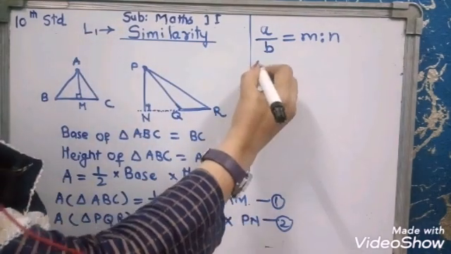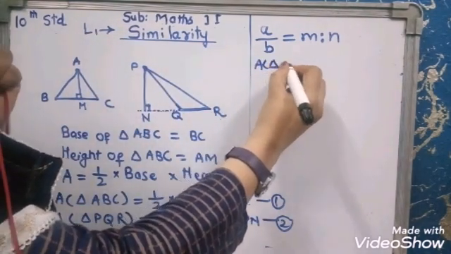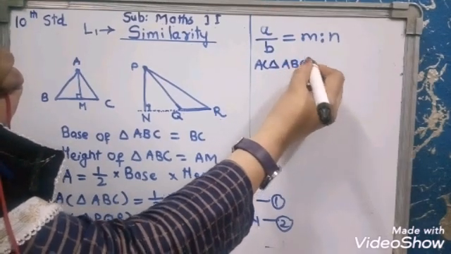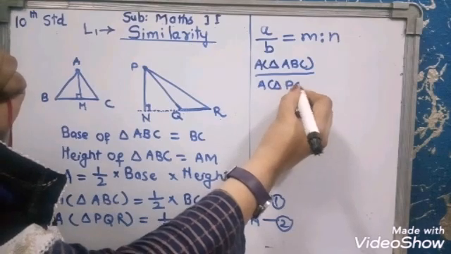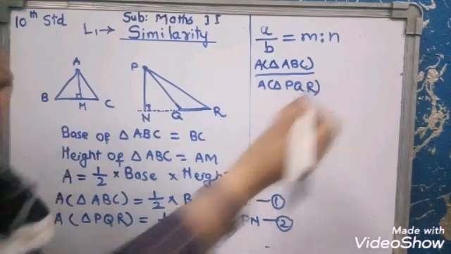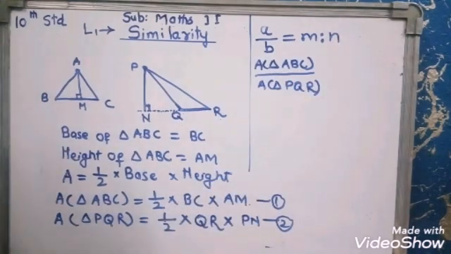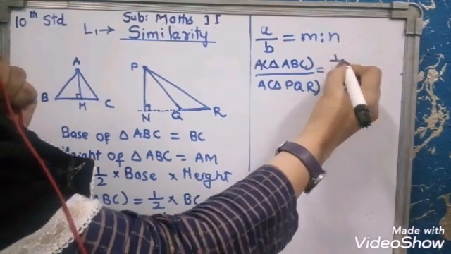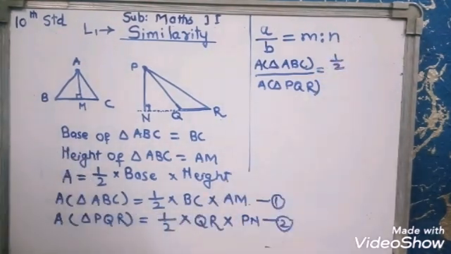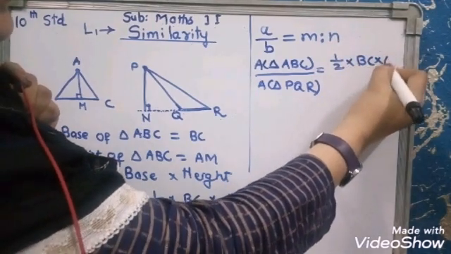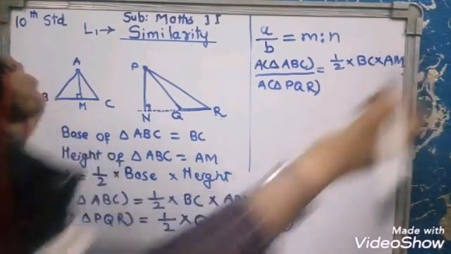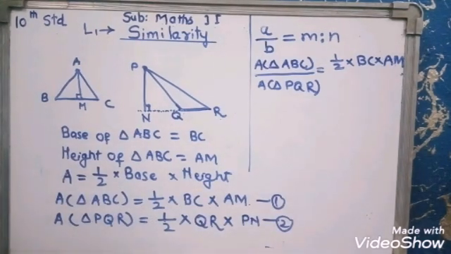If we want the ratio of areas of these two triangles, then from equation number 1 and 2 we write area of triangle ABC divided by area of triangle PQR. This ratio is equal to 1 upon 2 from equation number 1 into BC into AM, the area of the first triangle ABC.